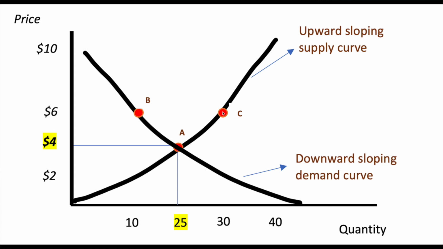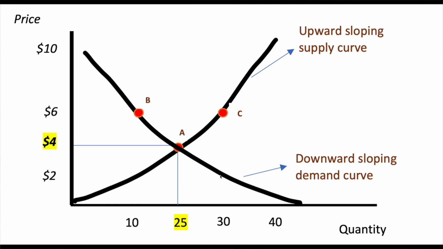On the other hand, if there's more supply than demand, that's shown at point C, this is a signal to the producers to lower the price from $6 to $2 because the price at $6 was too high and there was a very limited number of people who were willing to buy it.